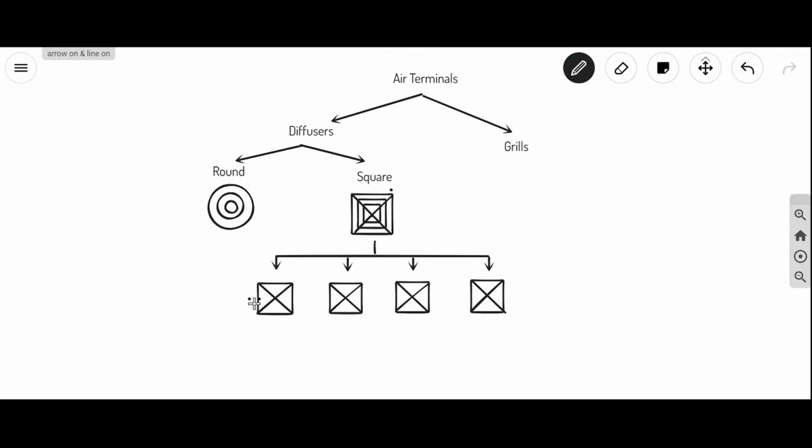So we have one way, two way. It will throw the air only in two ways. Three way. Four way.